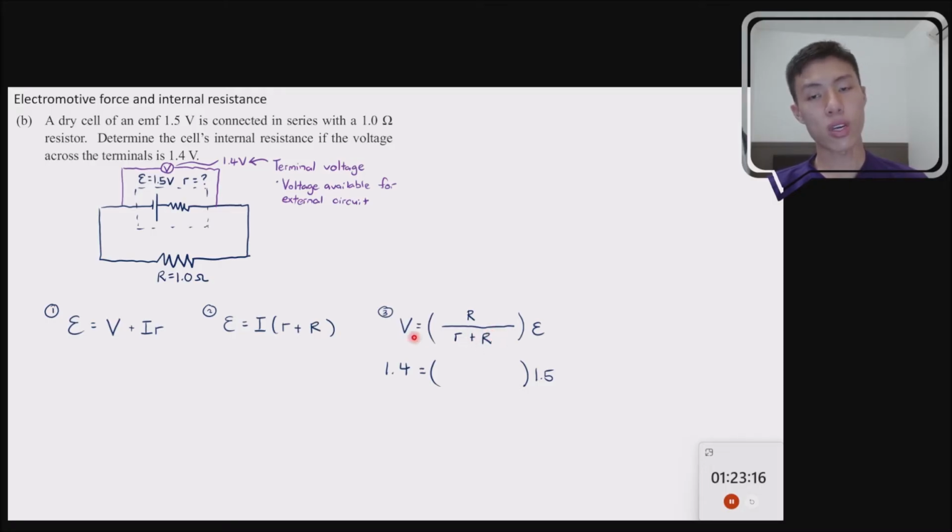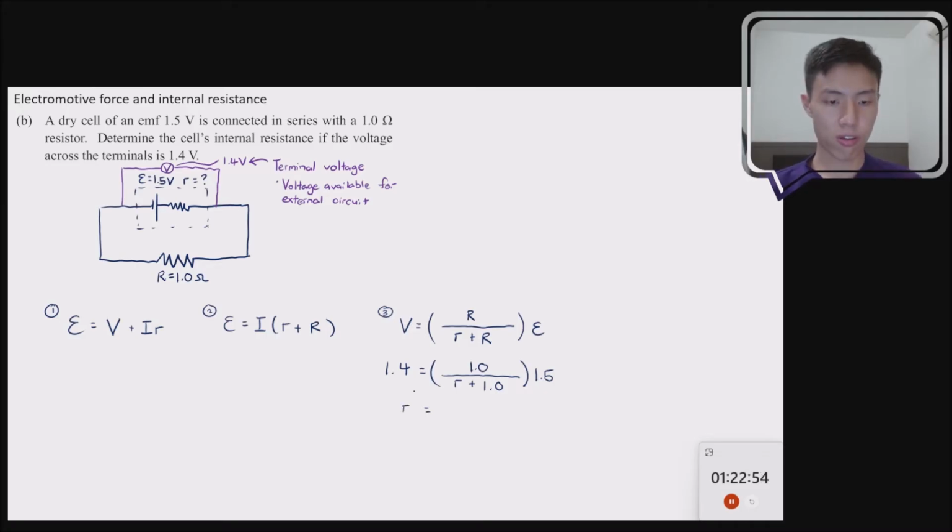But what we are interested in is the voltage available for the external circuit, which is the resistance outside the battery. So we put the resistance outside the battery as our resistance of interest. Small r over here we don't know, but the big R over here is 1.0. So you have one unknown left.